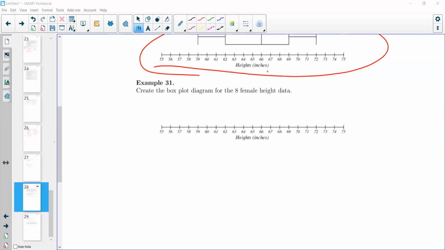Thank you. So Q1 is 61, Q3 is 68. We build a box. What was the median? 65. So we draw a line there. What was the minimum? 59. So we draw a whisker. What was the maximum? 70. So we draw a whisker. There we go. Box plot.